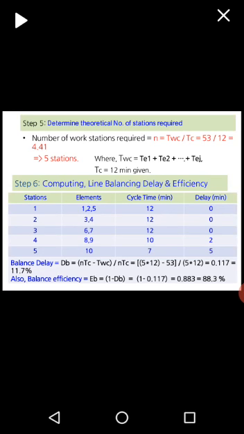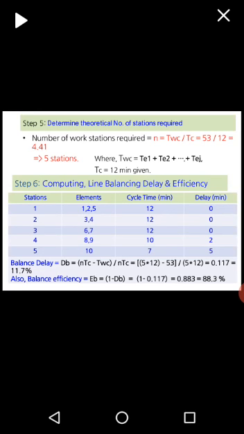In station 2, the elements are 3 and 4 and the cycle time is 12 minutes, there is no delay period, 0. In station 3 we have elements 6 and 7 and the time factor is 12 minutes. Here also the delay period is 0.